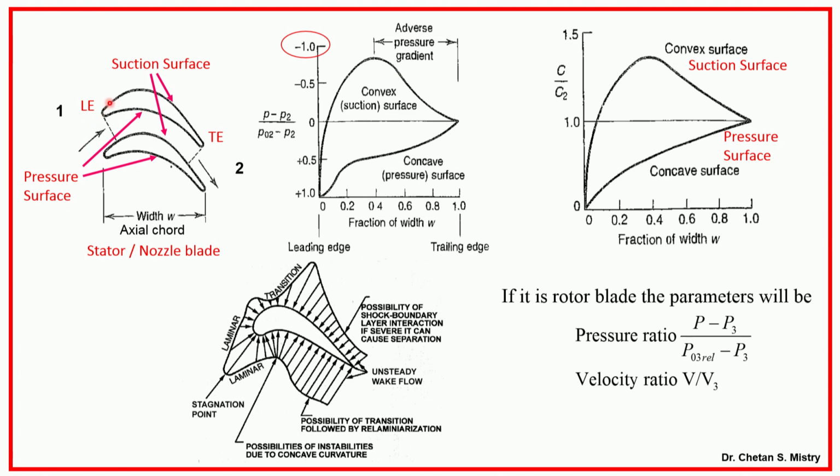Up to the maximum camber location, I will have acceleration of flow, and after that my flow follows this path, as it moves downside. Similarly, on the pressure side I will have acceleration of flow, though maybe slightly less.